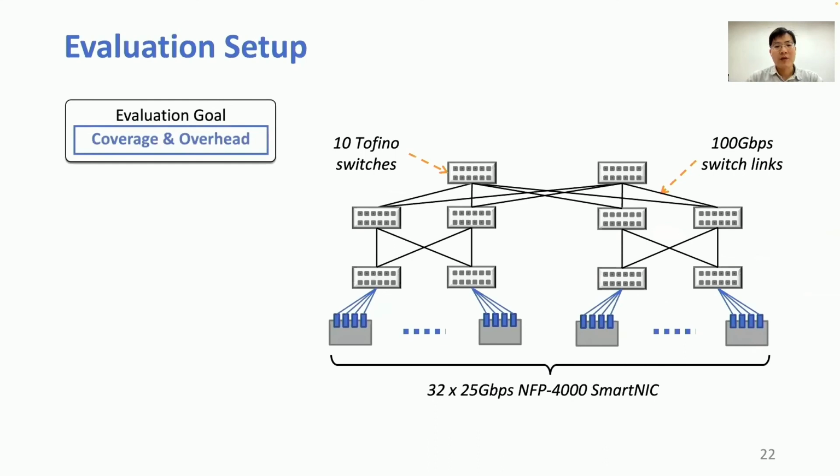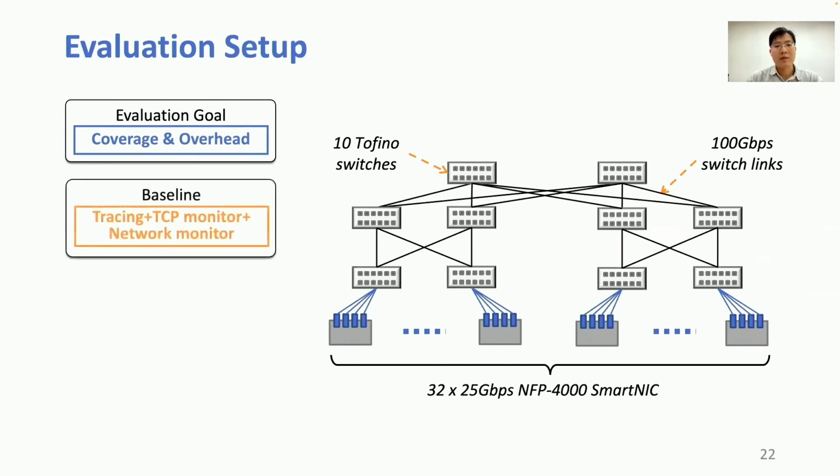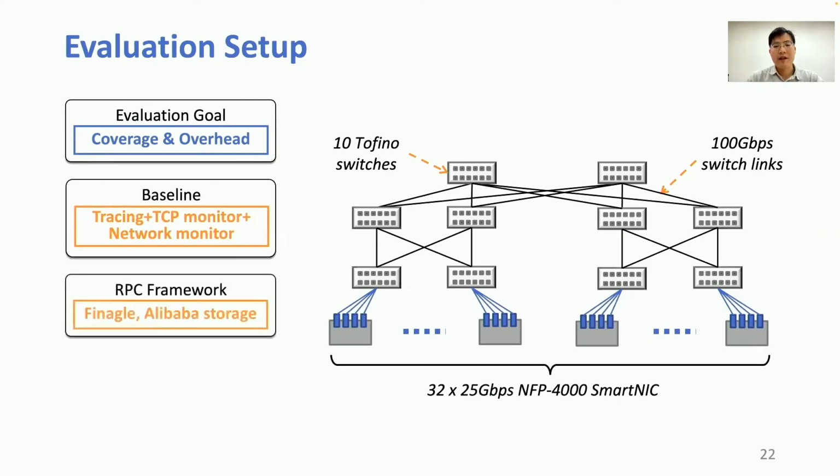Finally, we evaluate the event coverage and CPU overhead of BufScope on a testbed presented in this figure. We compare BufScope with the combination of state-of-the-art monitoring tools. We implement BufScope over 2 RPC frameworks, including the open source Finagle and Alibaba storage.